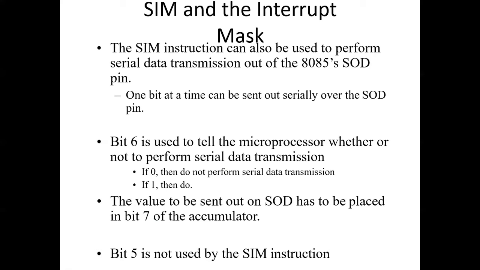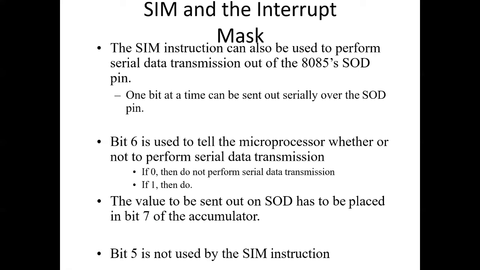The MS bit of the accumulator comes out of the SOD pin when the user commands the 8085 to send out the data. The user commands the 8085 to send out the MS bit of the accumulator by making bit 6 of the accumulator 1 and executing the SIM instruction.